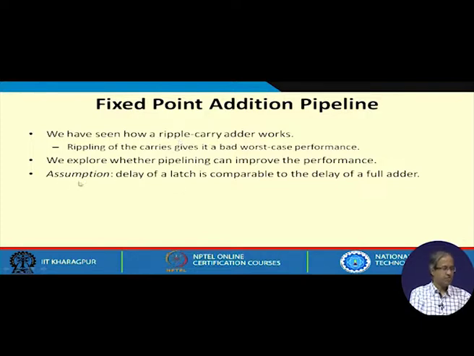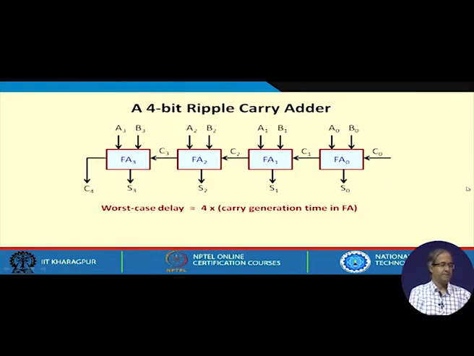Let us see. Well, one assumption we shall make, we shall be requiring latches or registers if we want to make a pipeline. So, our assumption is that the delay of a latch will be comparable with the delay of a full adder. Okay. Fine. Let us see.